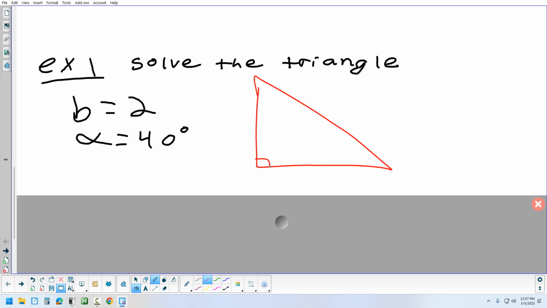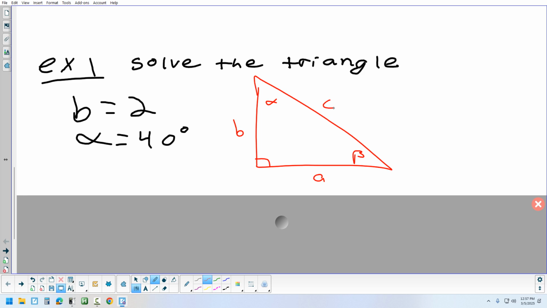How you physically draw the triangle, like which way it's facing, that doesn't matter, as long as you put A across from alpha, B across from beta, and C as the hypotenuse. I might switch A and B at some point, and that's fine to do, as long as I also switch alpha and beta with it. But just keep A across from alpha and B across from beta.